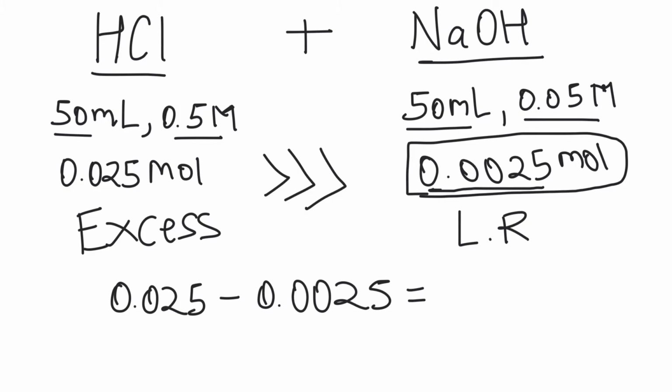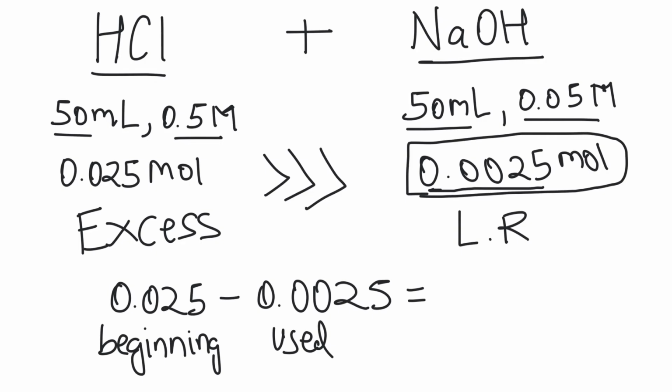This first number is the beginning. Okay, so this is how much hydrochloric acid I had in the very beginning of the problem. The second number is how much I used, okay?